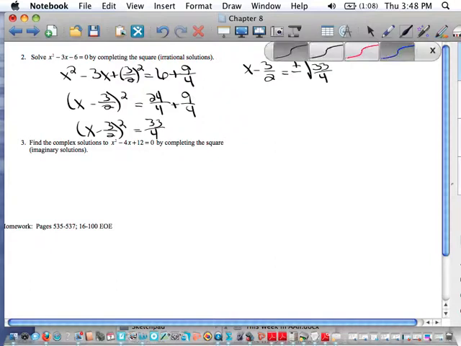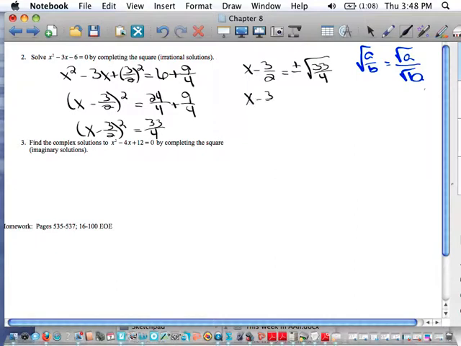Remember the property that says if I have the square root of a over b, that's the same as the square root of a over the square root of b. So I can simplify that right-hand side. X minus 3/2 is equal to plus or minus the square root of 33 over 2.